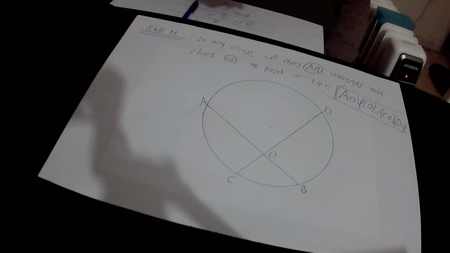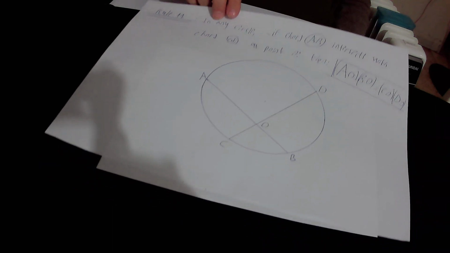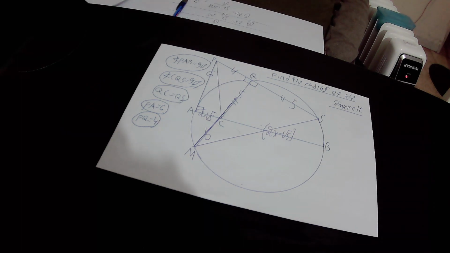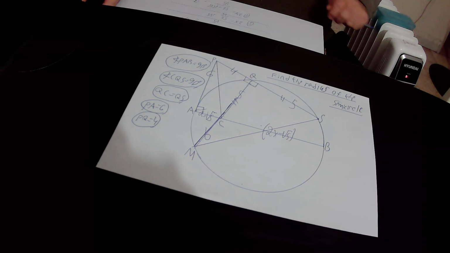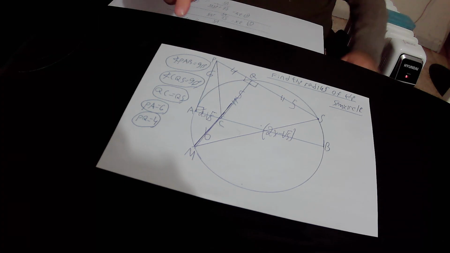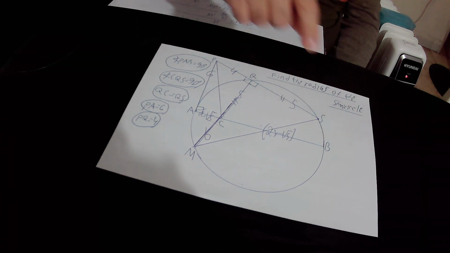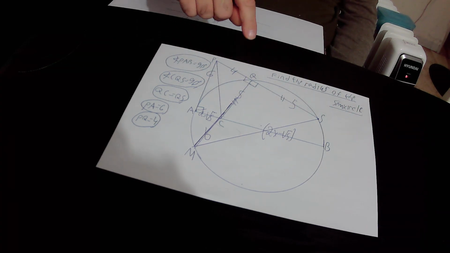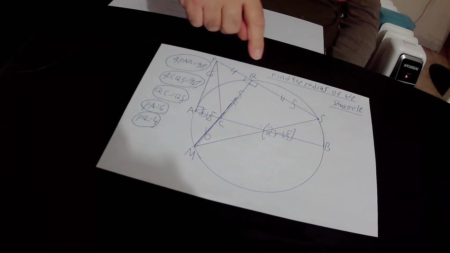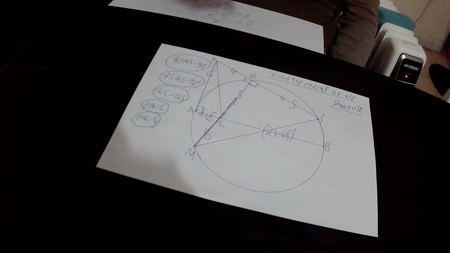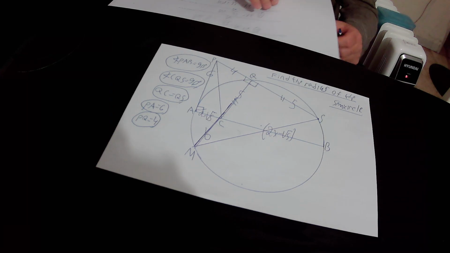We can actually implement rule number 11 in our drawing. Why? Because in our drawing we have chord AB that intersects with chord QM at point C. Point C is the intersection point.